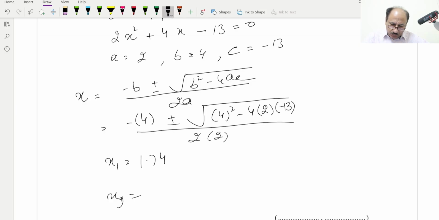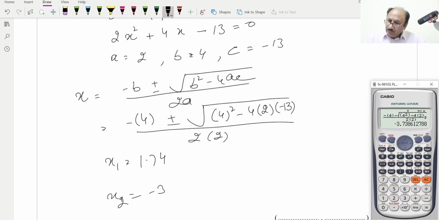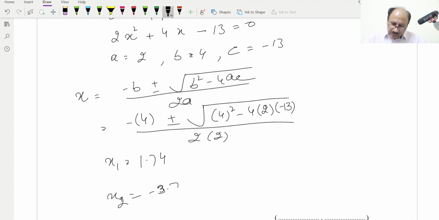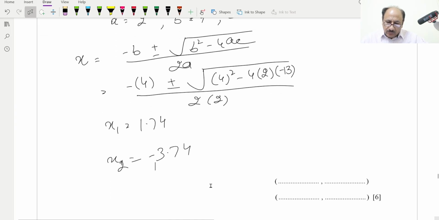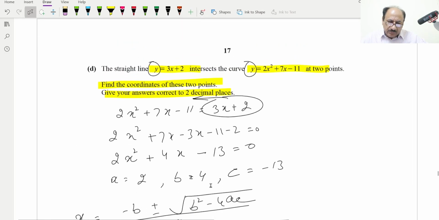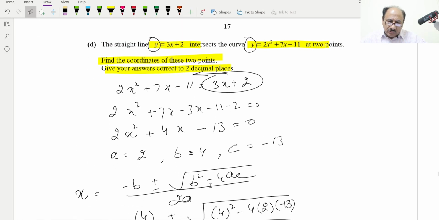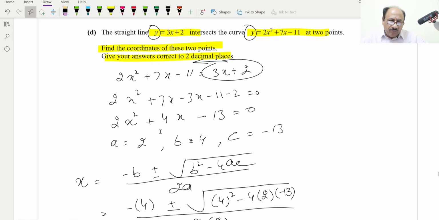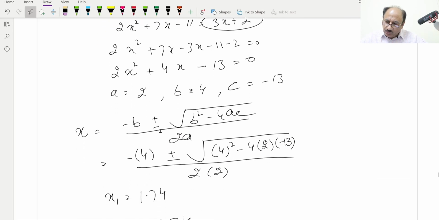So x2 is equal to minus 3.74. We have these two values of x. So now find the coordinates of these 2 points.